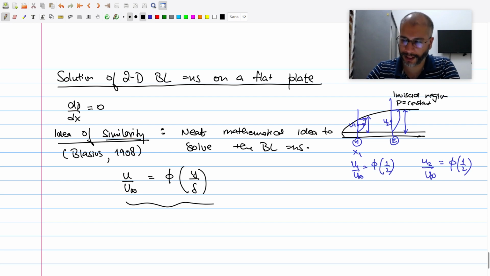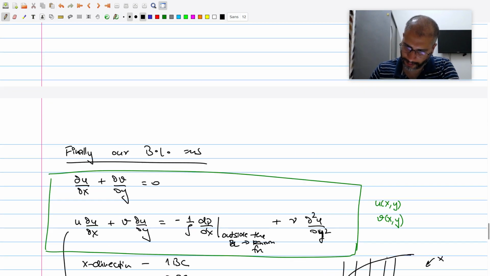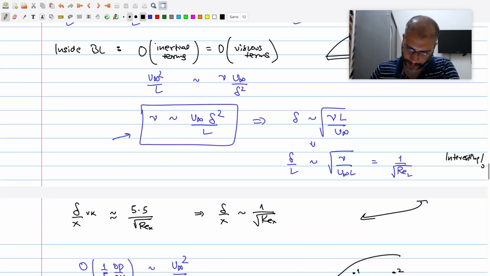Now, of course, this delta is the boundary layer thickness, but we can also have it as some multiple of delta. If I go back to a couple of minutes ago, or even the last lecture, we showed that delta upon x, approximately from the von Karman analysis, came out to be 5.5 upon square root of Reynolds number. Yes, we discussed that today as well.